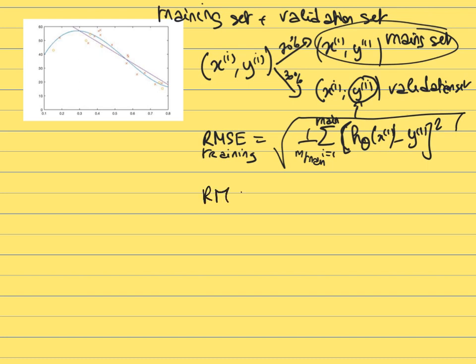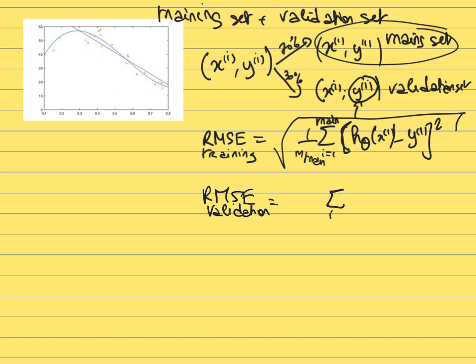Then you calculate the same thing, the RMSE of the validation set, by looking at how well your model can generalize, how well it can predict those data points of the validation set. It's exactly the same thing.